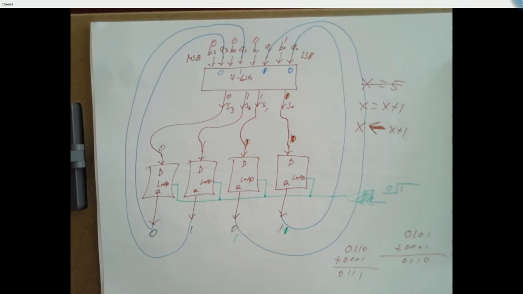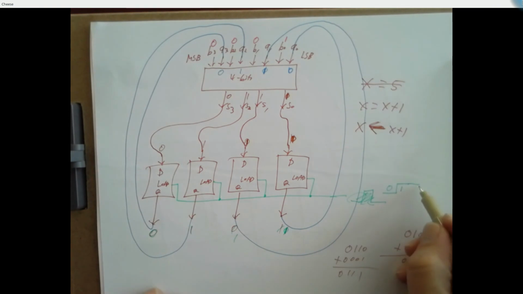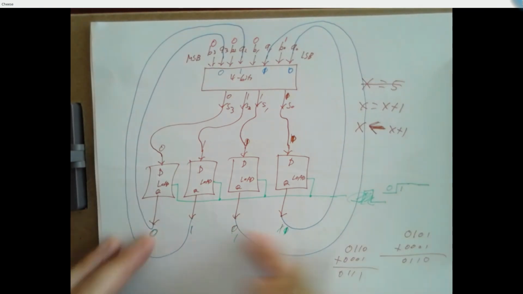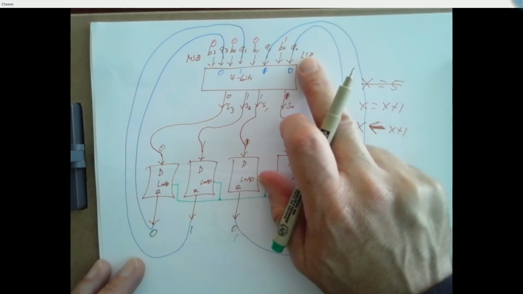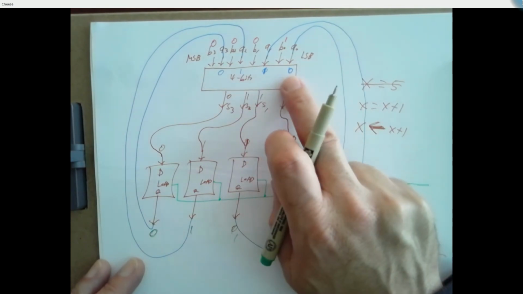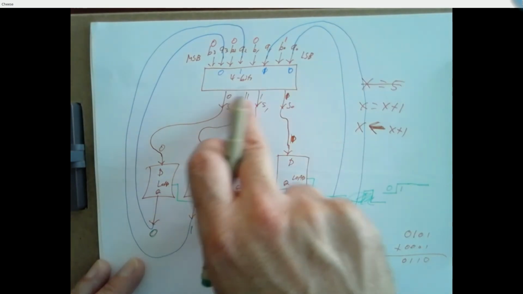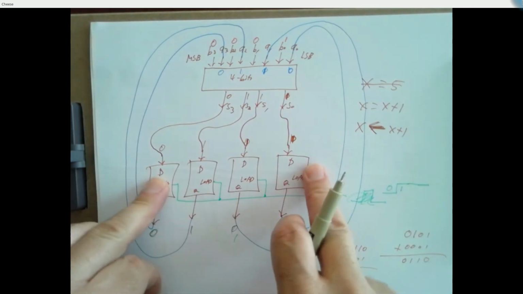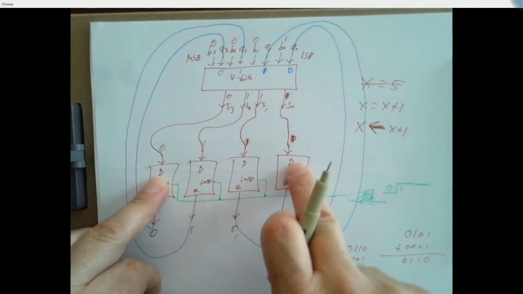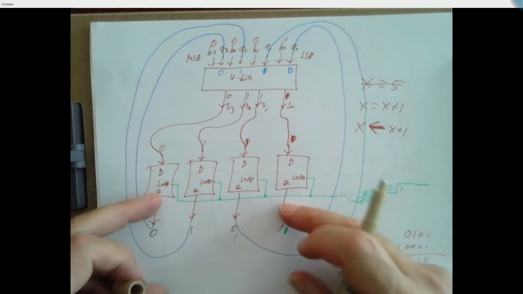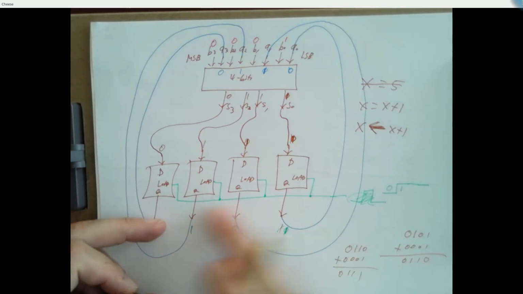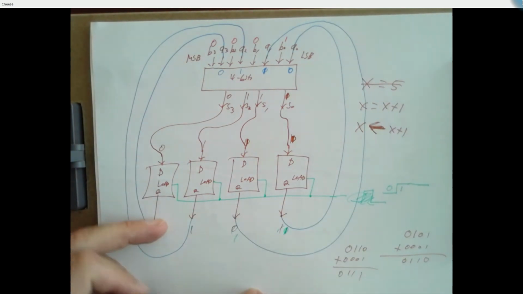We did X equals X plus 1 again, because now X is 7. And if we leave that load line high for a little while longer, that 0, 1, 1, 1 comes up here. The 4-bit adder adds 1 to that 7, gets an 8, 1, 0, 0, 0. That goes in the D inputs, 1, 0, 0, 0. And since the load line's high, those get loaded into these D latches, and the output is now 1, 0, 0, 0, 8.